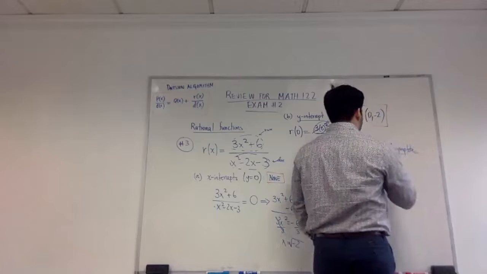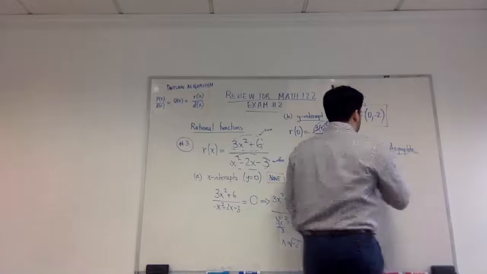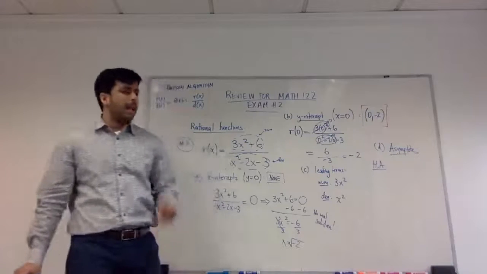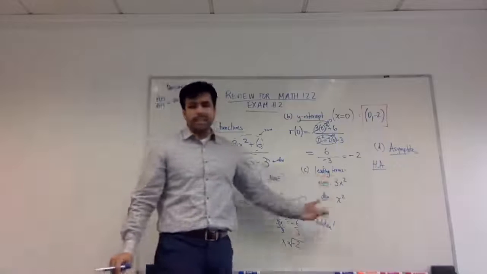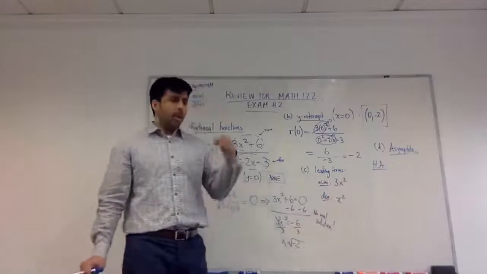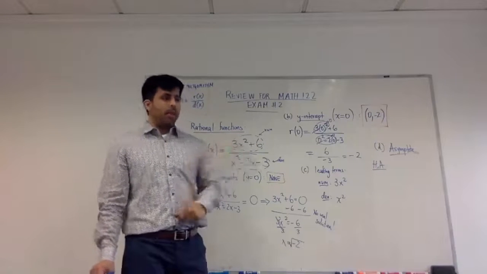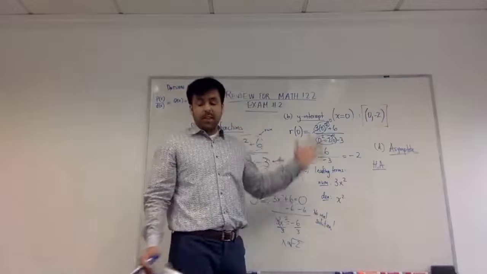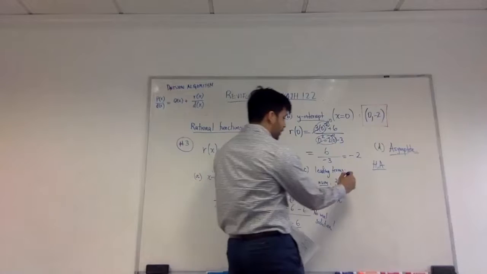So if I want to find my horizontal asymptote, I need to first look at the leading terms. And then I ask myself, are the degrees the same? Meaning, are the exponents the same? Are they different? Is one bigger than the other? Well, we realize here, the degrees are exactly the same.